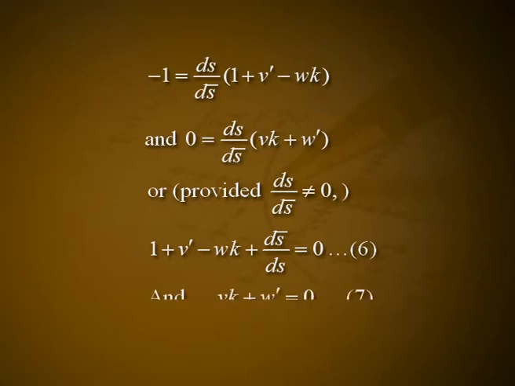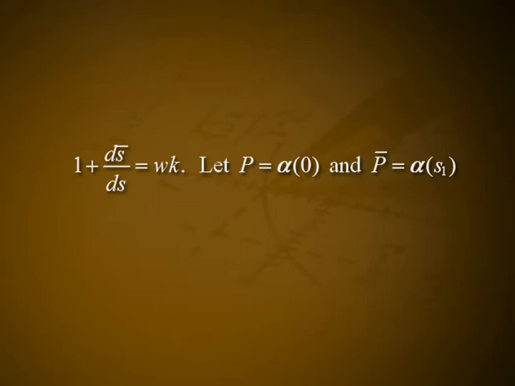Equation 6. And Vk + W' = 0. Equation 7. Since α has constant width and k is greater than 0, equation 7 implies V = 0. Then equation 6 yields 1 + ds bar/ds = Wk.